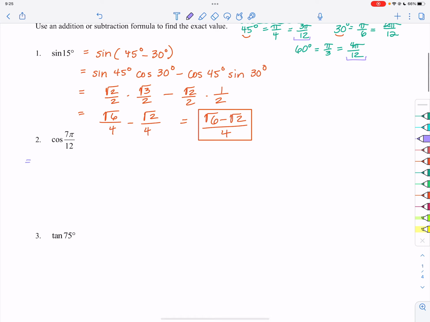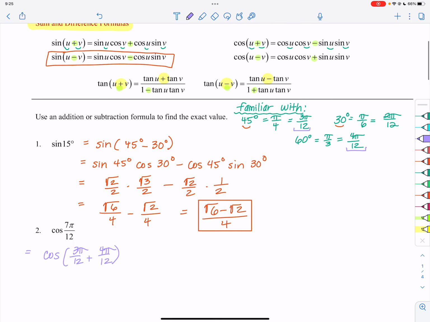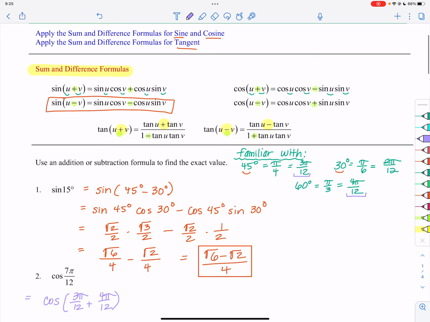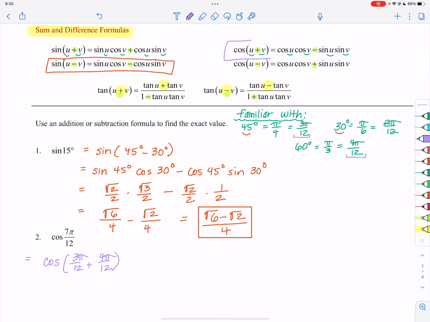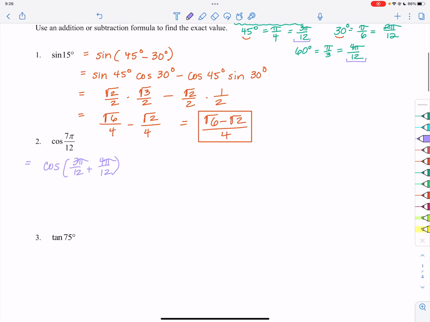So we could say that this is equal to the cosine of 3 pi over 12 plus 4 pi over 12. Now this is our sum formula for the cosine. So we will take the cosine of each angle and then subtract multiplying by the sine of each angle.